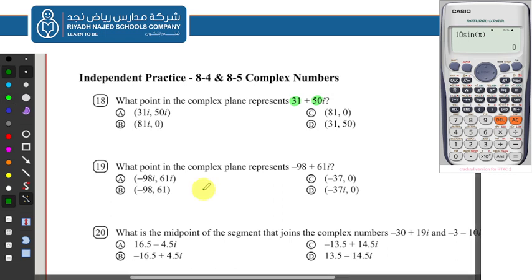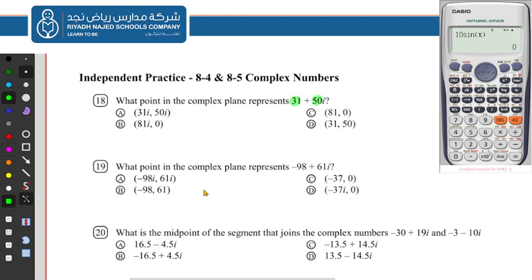We will just extract these parts, 31 and 50, and we will say that this complex number is, in fact, a point. The coordinates of this point are 31 and 50. This is what is meant by what point in the complex plane represents this complex number. So the point is 31, 50, and the answer is easy, D.